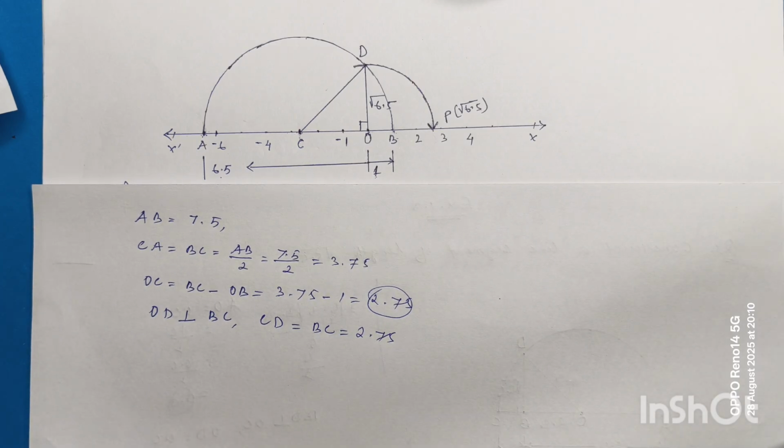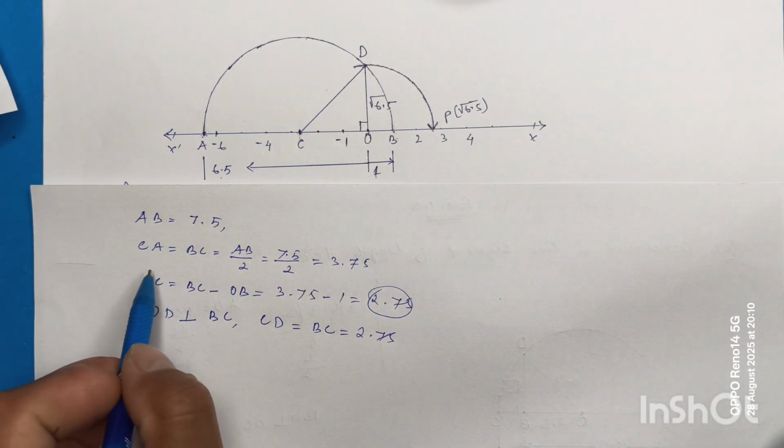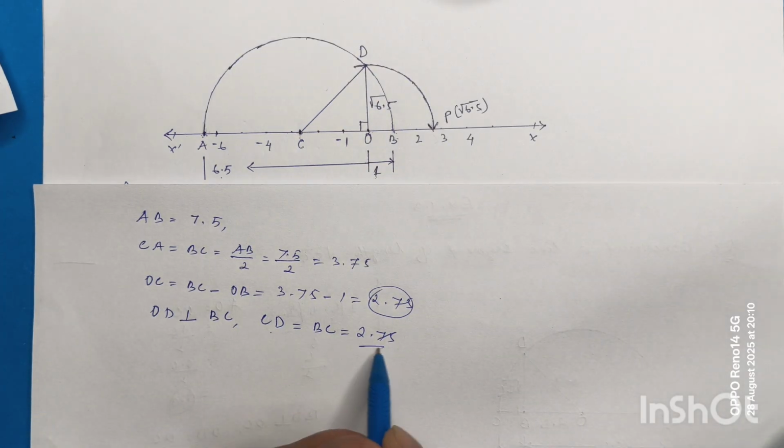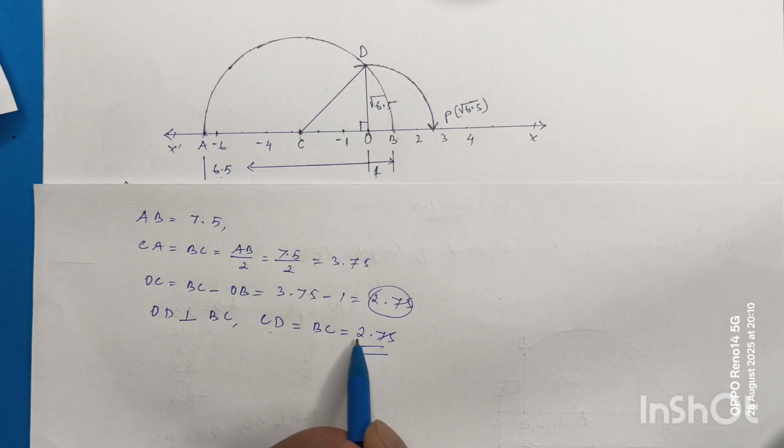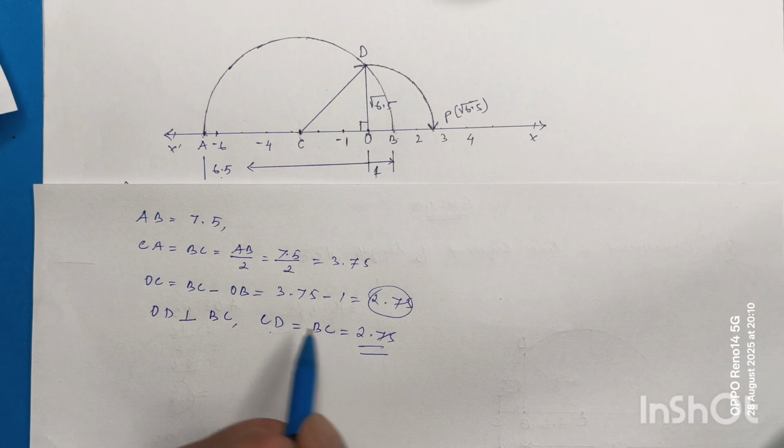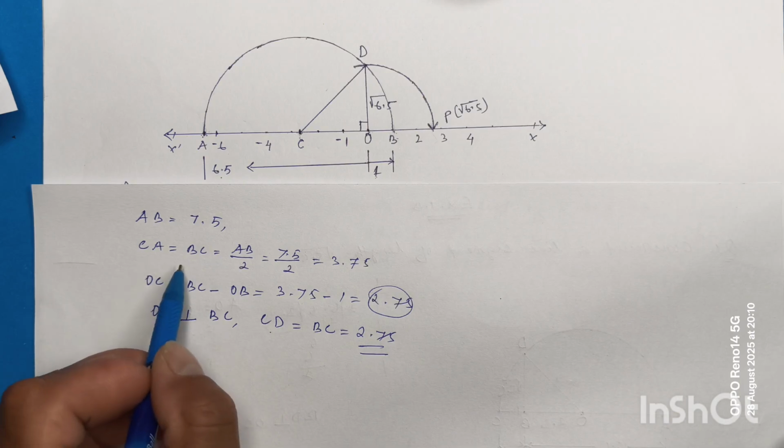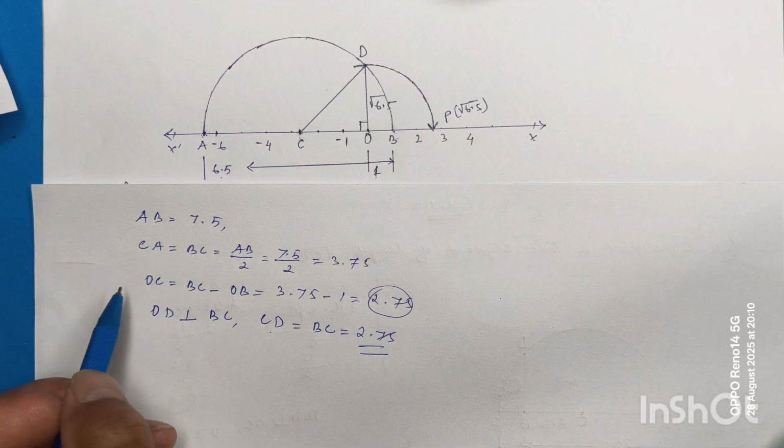Now we can find out the length of OD, that is CD. How much is the CD value? Here BC, CA.